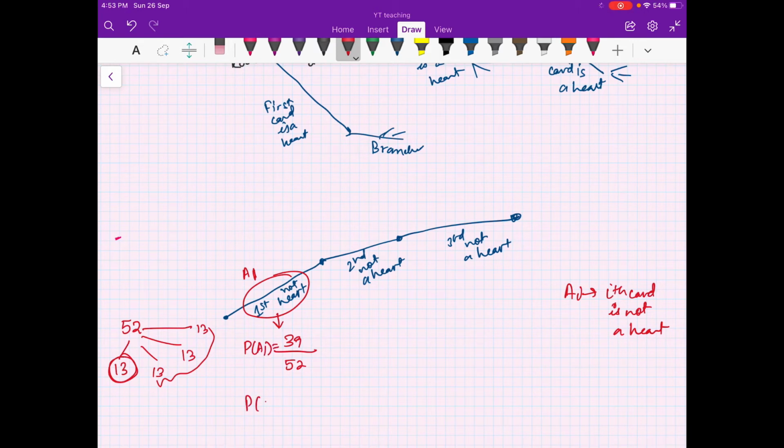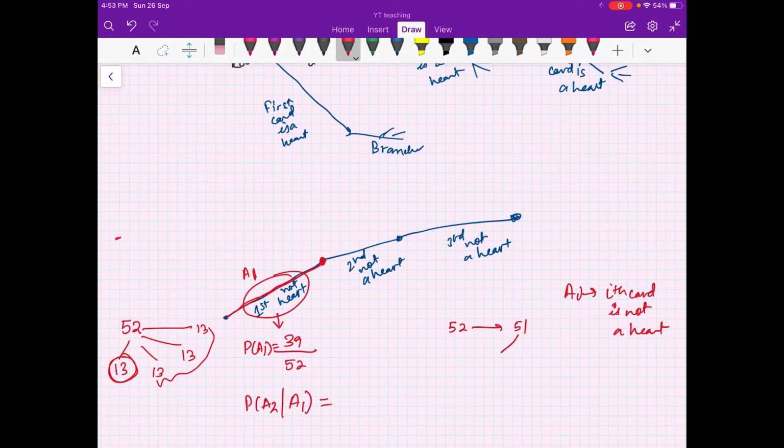Now what is the probability of A2, that the second card is not a heart when the first card is not a heart, right? Now you see, you are sure that the first card is not a heart. It means that there are still 13 cards which are heart. So you had 52 total cards, now you have 51 cards.